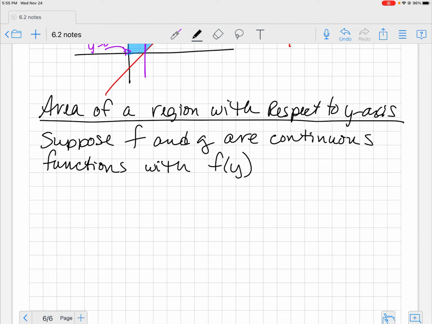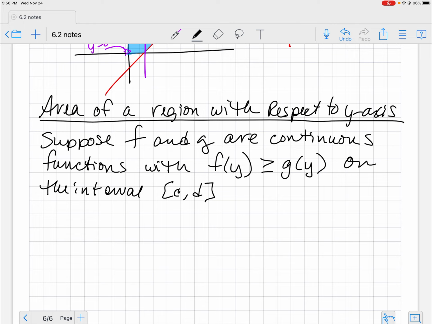So f of y is the variable that's being used here, is greater than or equal to g of y on the interval from C to D. So it's still from one value to another, but typically when you do y, you use C and D instead of A and B, just to show that it's different.